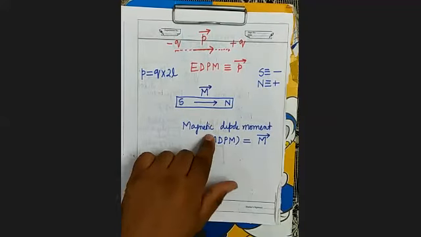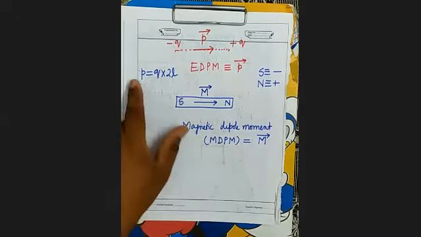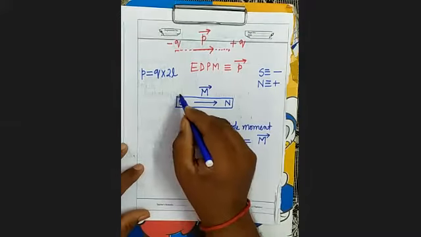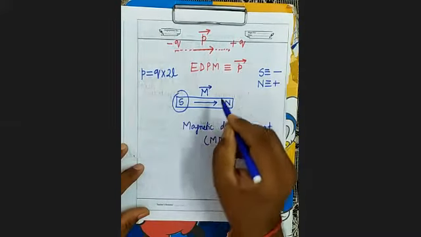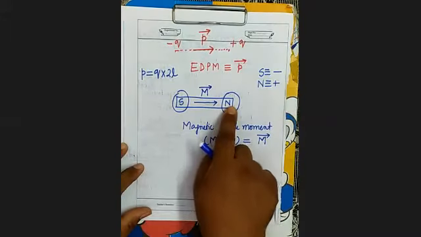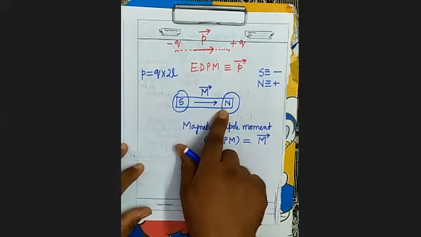But here there is no formula like this. Why? Because we don't know the strength of the South Pole or North Pole. We know the strength of this magnet, which is made up of these two poles which are never separable.